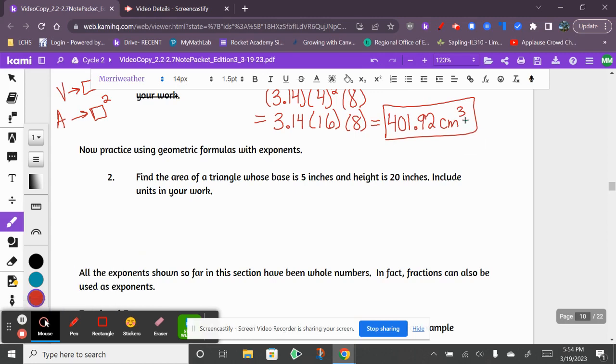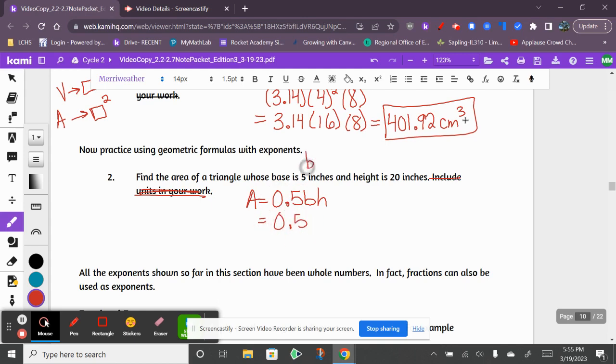For number 2, it says find the area of a triangle whose base is 5 inches and height is 20 inches. Include units with your work. So again, we're not going to worry too much about including the units with our work. So the area for a triangle is 0.5 times the base times the height. So we will have 0.5.